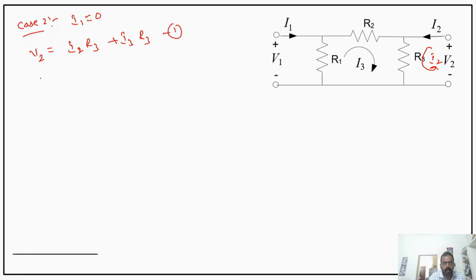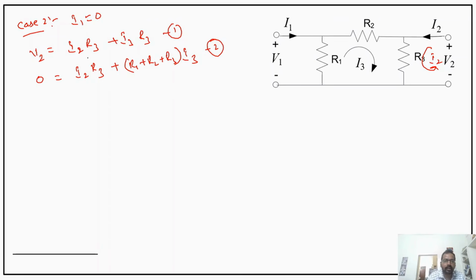First one. The next one, we don't have any voltage rise, so it is 0 equal to I2 R3 plus R1 plus R2 plus R3 into I3. So this is our second equation.